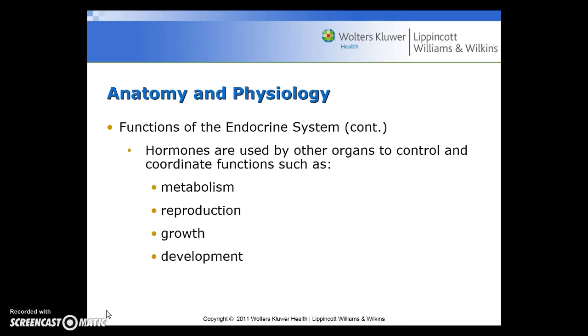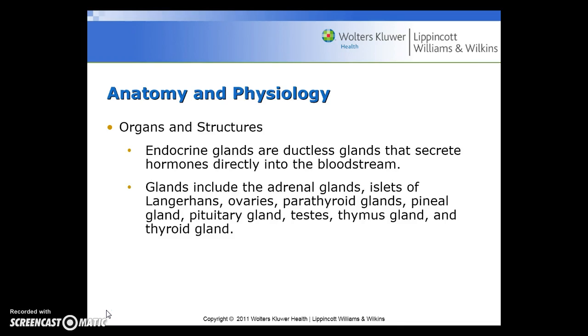We know that hormones are used by other organs to control and coordinate metabolism, reproduction, growth, and development. When we start with the anatomy and physiology and the organ structures, the endocrine glands are important because they are the ductless glands that secrete hormones directly into the bloodstream.